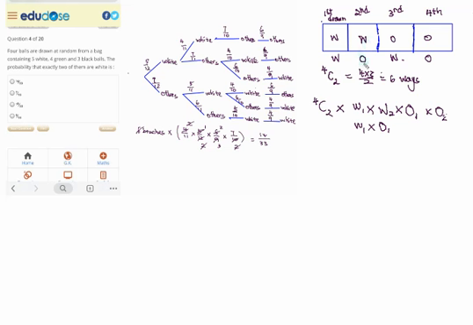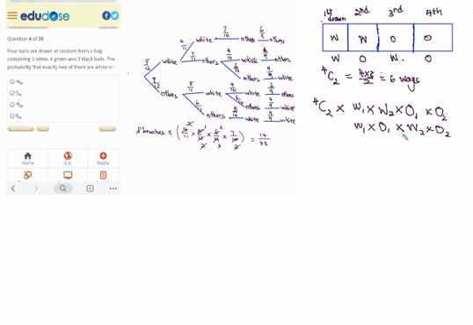This is the first draw, which you get other color. Even though it's the second draw, this is the first time you get the first other color, so it's O1 times. This one is the second time you get a white, so this is W2. Then this is the second time you get other color, so this is O2.